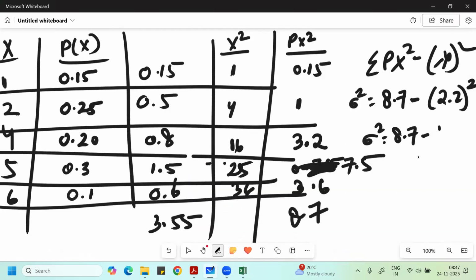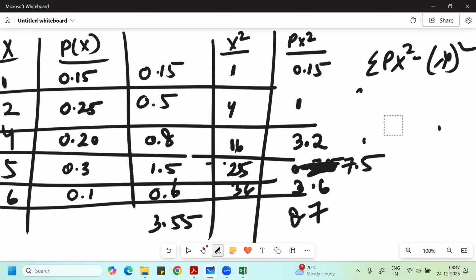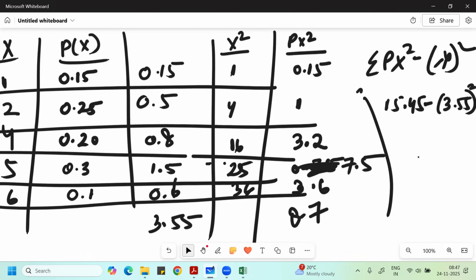If I do the sum of this, I get 15.45. So 15.45 minus 3.55 squared, which is 12.6025, will give me the variance.